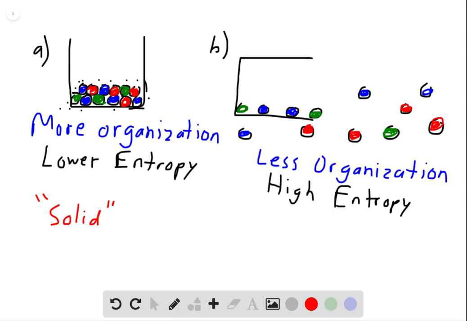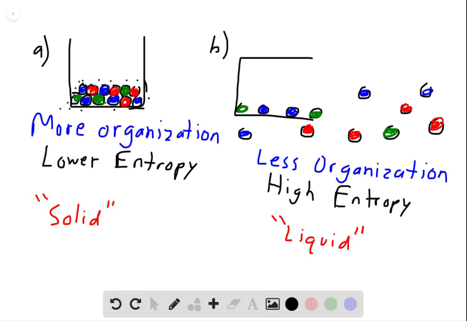Liquids, on the other hand, or gases, let's say you melt the marbles. Now you have a free flowing liquid that has less organization. So let's say instead of marbles, we fill this jar with water. Once you knock over that jar, the water is going to go everywhere. There's much less organization. The water is all not in that jar. There's a much higher entropy value as you go from a solid to a liquid.